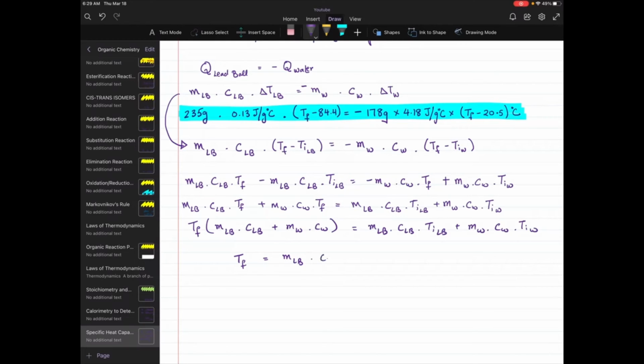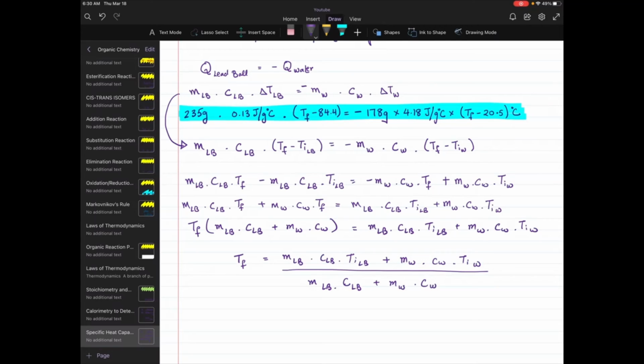So we'll get that LB TI of LB plus MW CW TIW over M of LB times C of LB plus M of water times C of water.